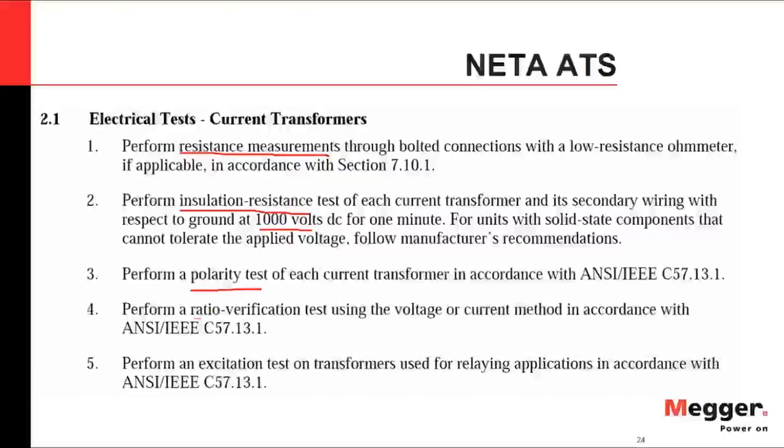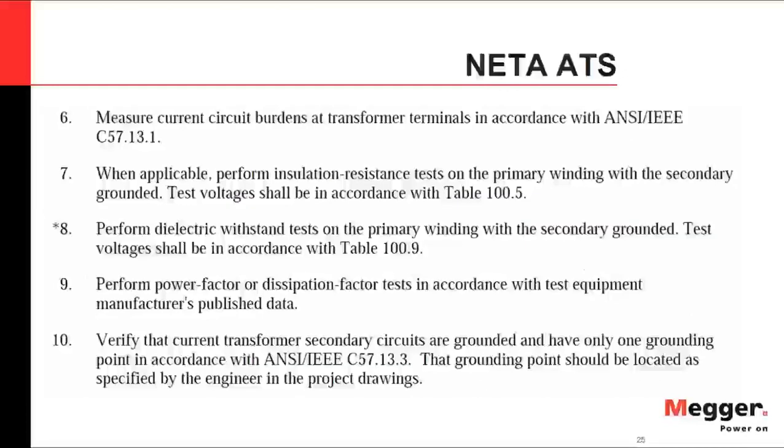In addition to that, we need to measure the current circuit burdens at the transformer terminals, perform insulation resistance test on the primary winding and secondary grounded, if possible, withstand test of the primary winding, if possible, power factor or dissipation factor test. And we need to verify that the transformer secondary circuits are grounded according to the standard.